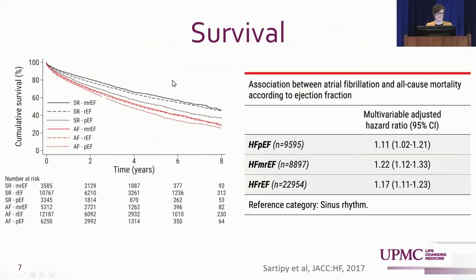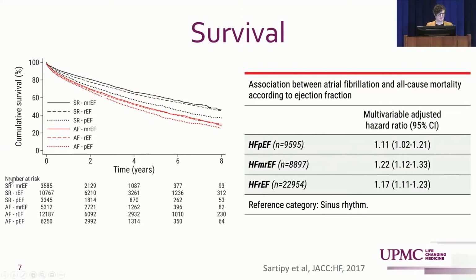Similarly, survival is an issue when it comes to AFib with heart failure. So if you look at this Kaplan-Meier curve, you'll see the red lines are all patients with heart failure and atrial fibrillation divided by the different types of heart failure, and the black lines are sinus rhythm heart failure. And you see that all the patients with atrial fibrillation, regardless of their flavor of heart failure, have worse survival over time.